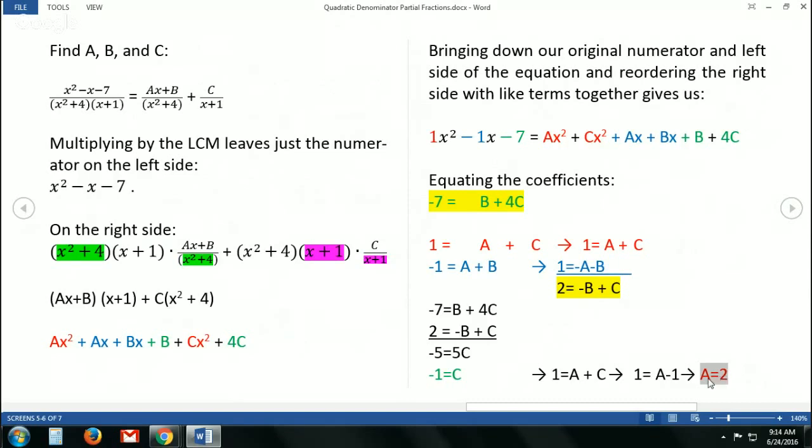At this point, I know that a is 2. I know that c is -1. I can pretty easily figure out b once I know those things. The equation that is here, if you take 2 and put it in for a, you'll be able to get what your b value is.